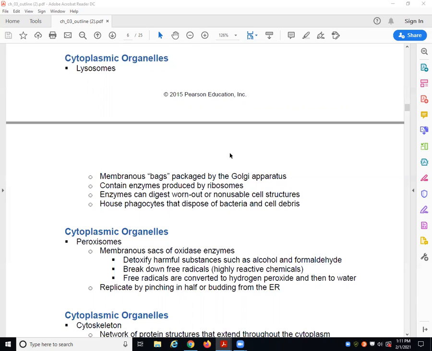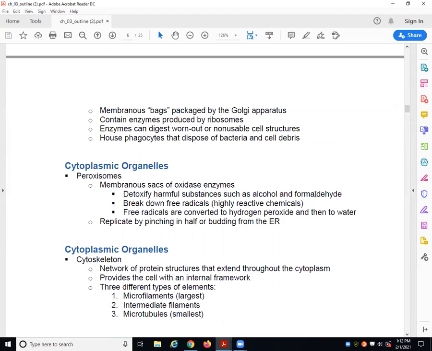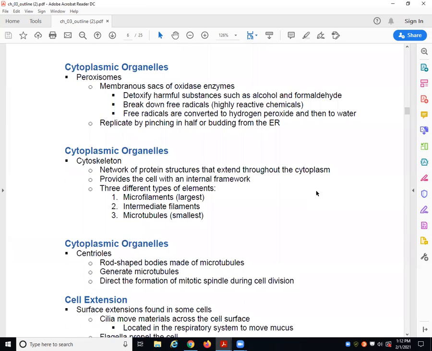So then we have the peroxisomes. These are membranous sacs, and they have a different kind of enzyme. They have oxidases. Okay, remember, anytime you see ASE, that means protein. And their role is to detoxify things that are harmful to you, things like alcohol as well as formaldehyde. Okay?